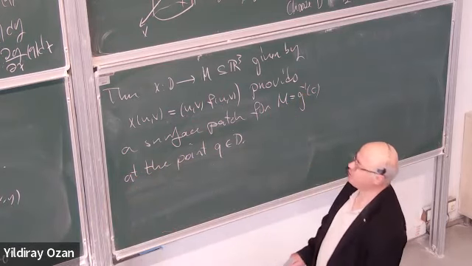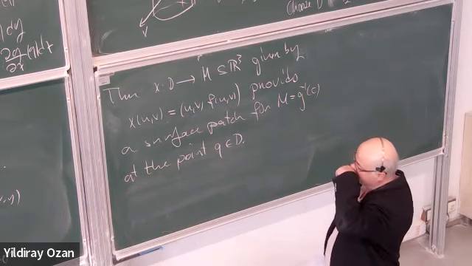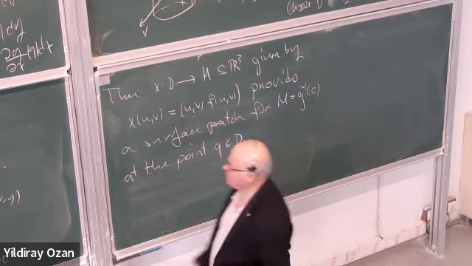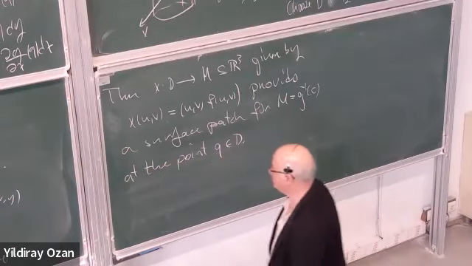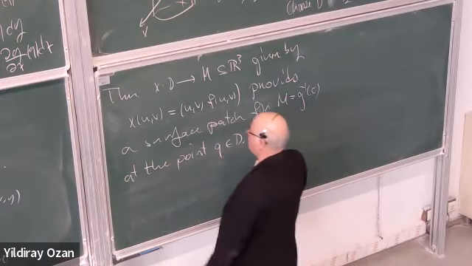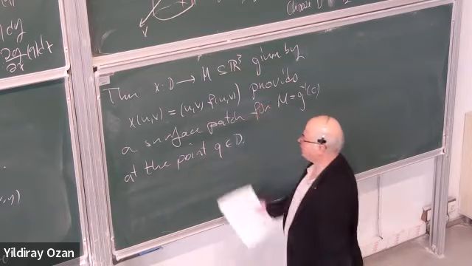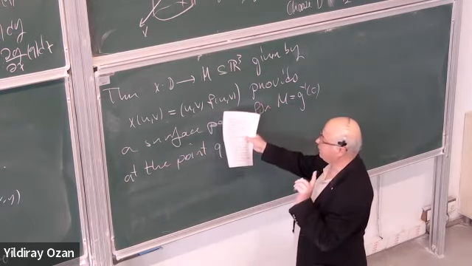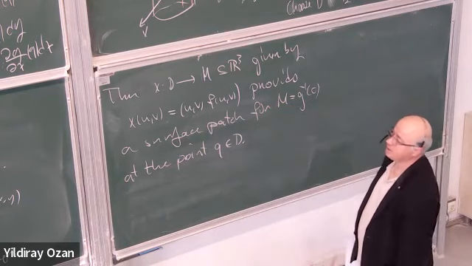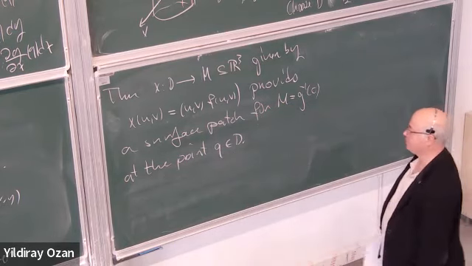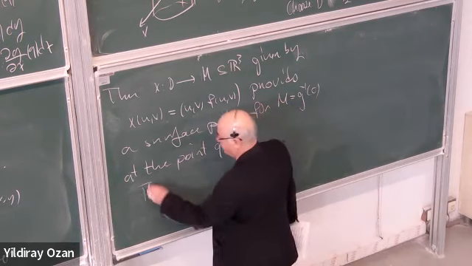M is the set of points where G of u, v, f of u v is equal to C. Okay, now this is a surface patch. We already proved that. Therefore, this thing is a surface. So this finishes the proof.